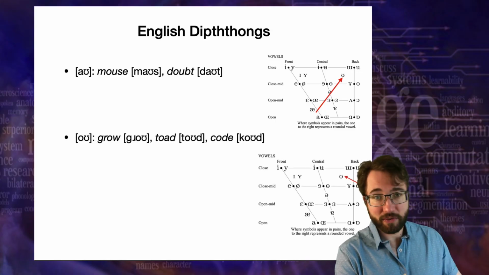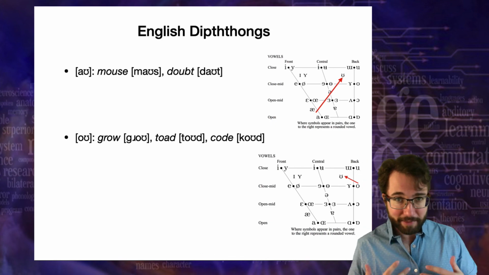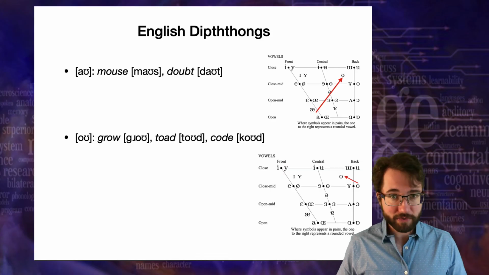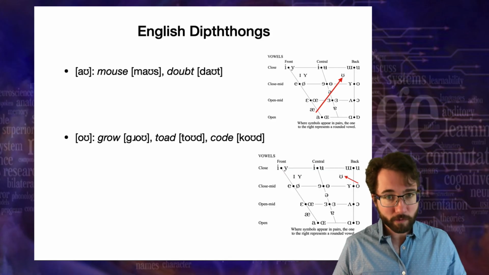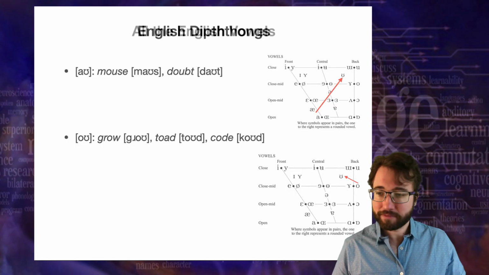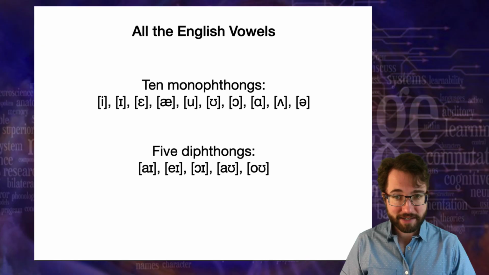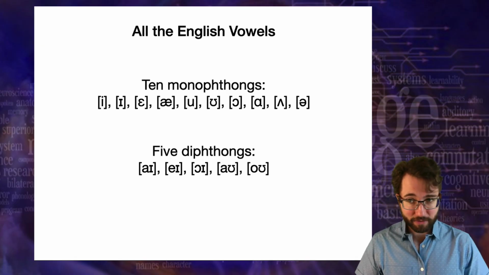You can also start with o, which is the mid back tense rounded vowel, and then that goes up a bit and you get grow, toad, code, another diphthong. So in English, to sum up, we've identified 10 monophthong vowels.